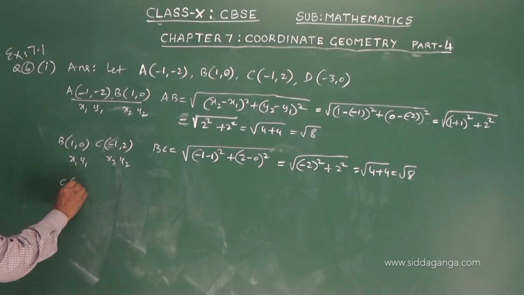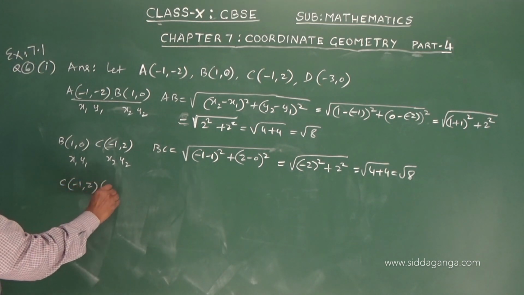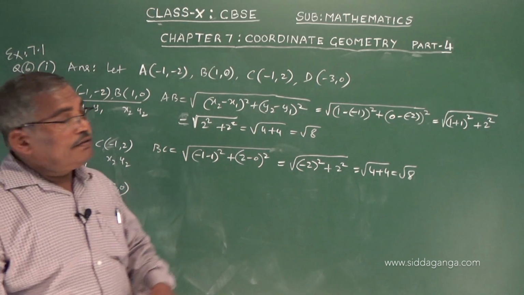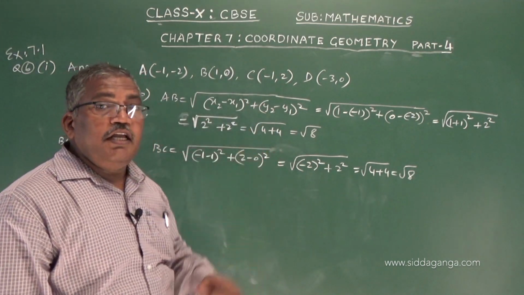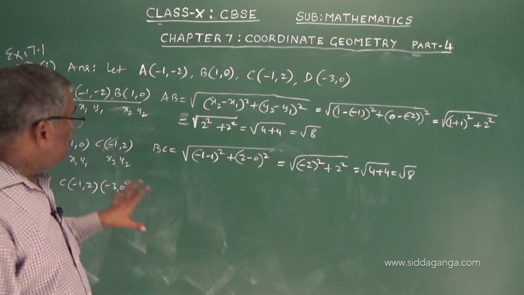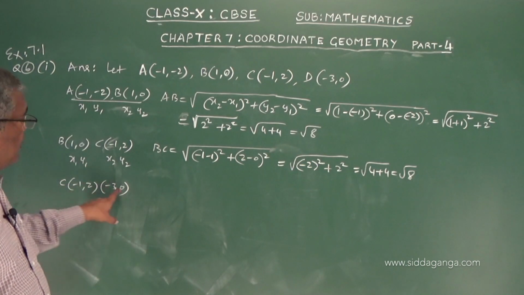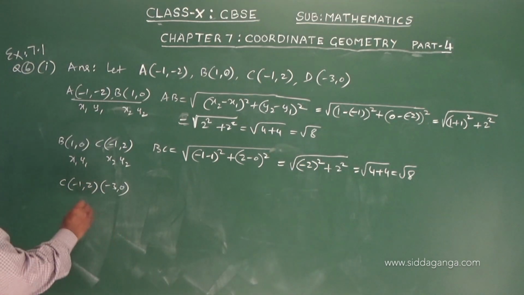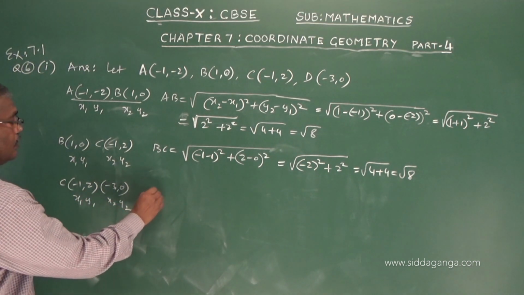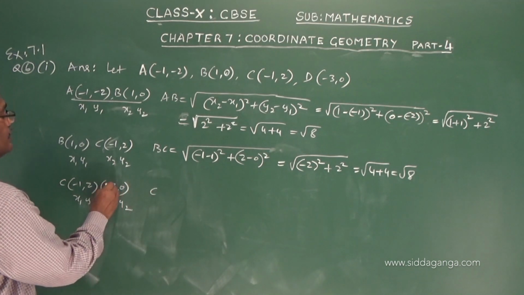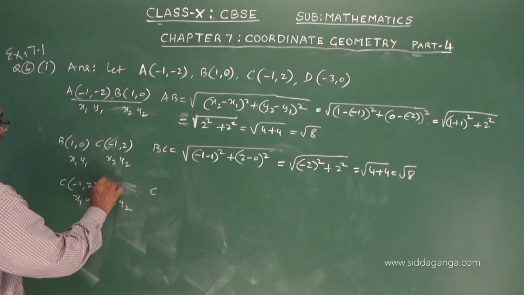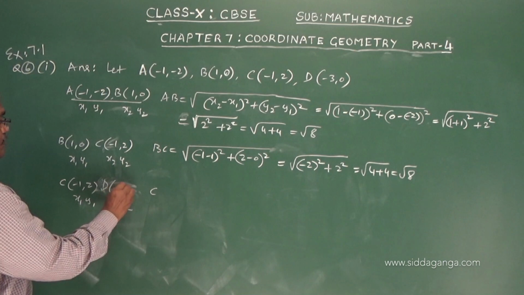Now CD. You take C as (-1, 2) and D is (-3, 0). From these values you can apply the formula directly, but do not do that in the beginning. It is better practice to rewrite the numbers like this, and then you will not make any mistake. So x1, y1, x2, y2.